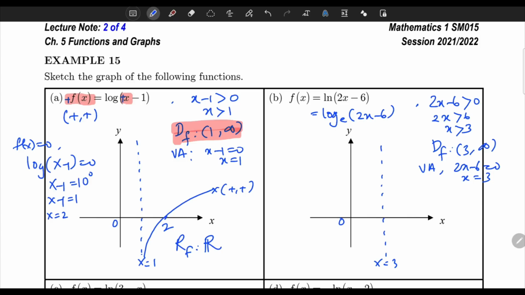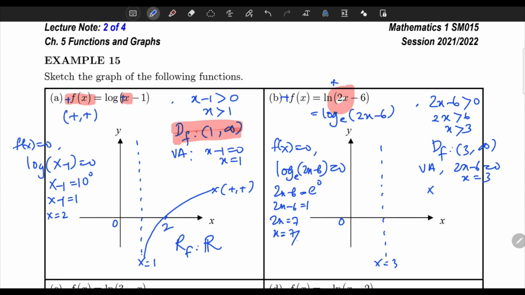Okay, next. You look at the x again. So x here is positive. Alright, so this is positive, this is also positive. So somewhere here, the first quadrant. So we need the x-intercept. So when f(x) is 0, meaning ln or precisely log of 2x minus 6 equal to 0, that is base e. So change to index form, e to the power 0, so 2x minus 6 equal to 1, 2x equal to 7, x equal to 7 over 2.